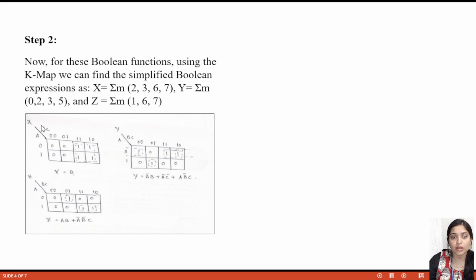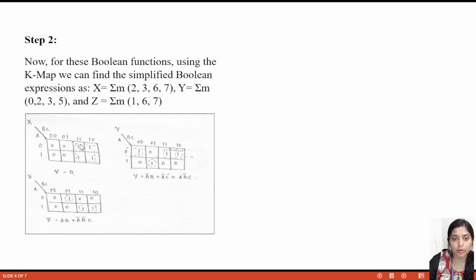In the K-map, this is a 3 input, so 8 cells are there and we have to put 1 at whatever minterms are given, at positions 2, 3, 6, 7.